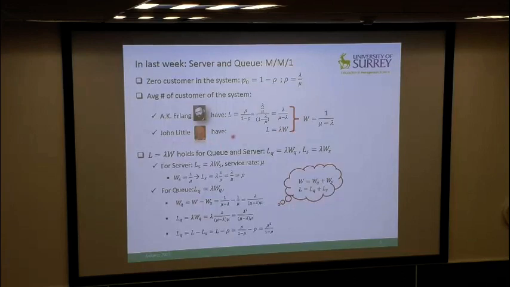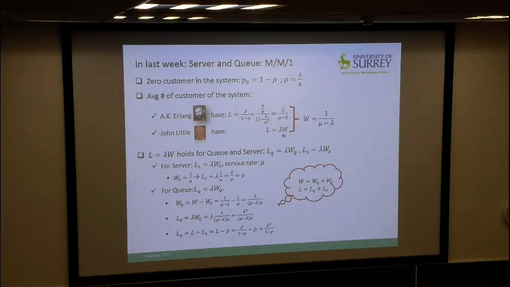John derived that the average number of customers in our system equals the time one customer spends in the whole system, times the speed at which customers arrive. So we have another relationship between L, the average number of customers, the arrival rate, and the total time a customer spends in our system. Apparently we have L in the two equations.